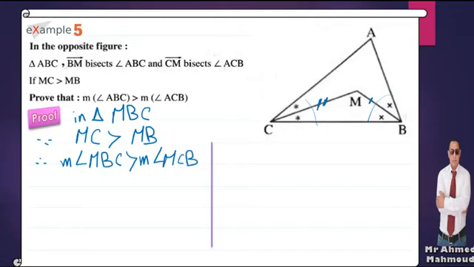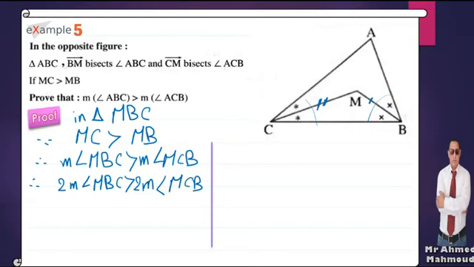Therefore two times measure of angle MBC greater than two times measure of angle MCB.